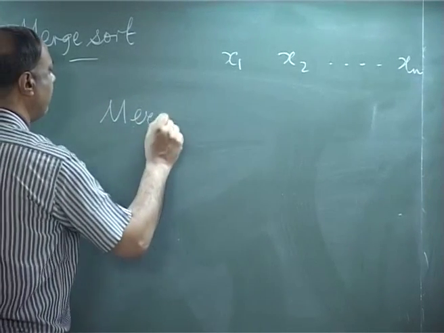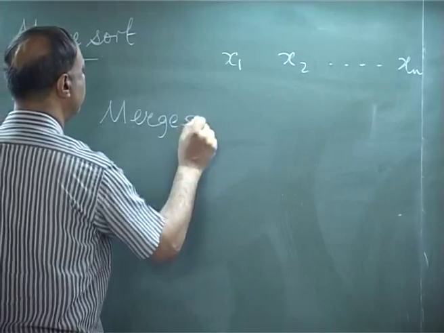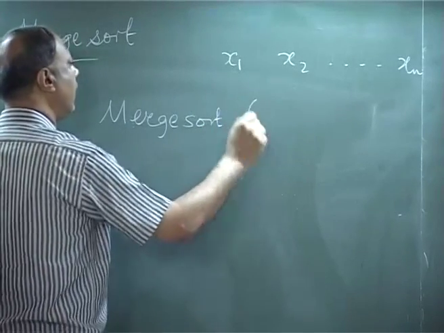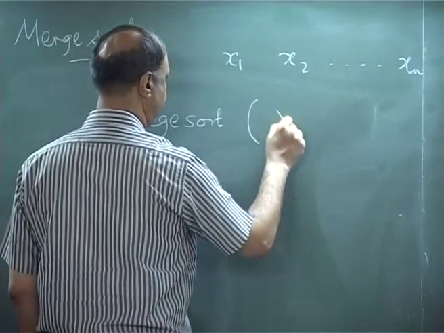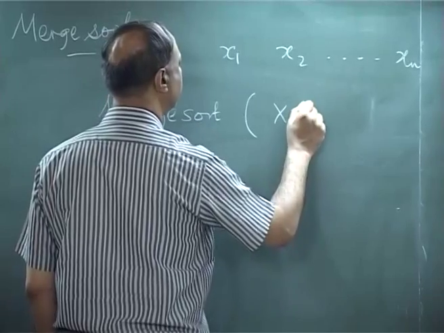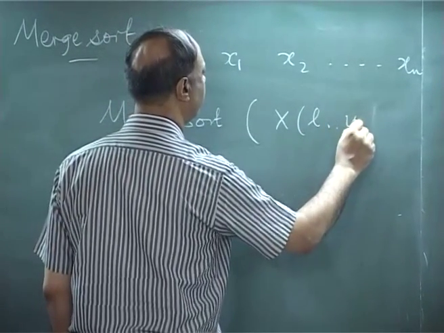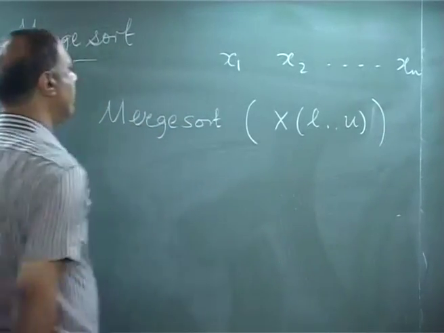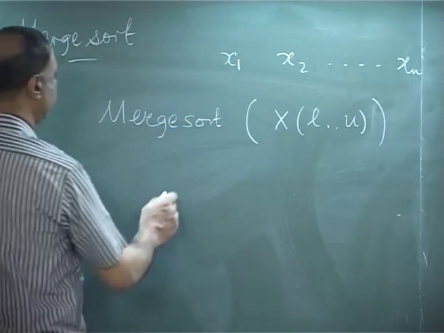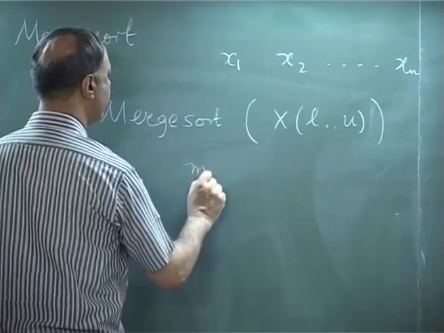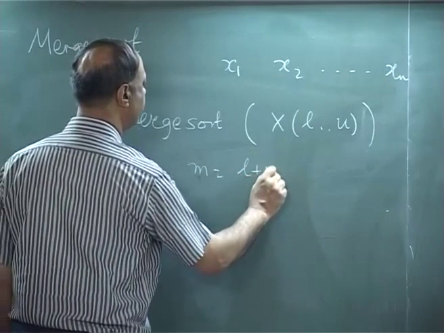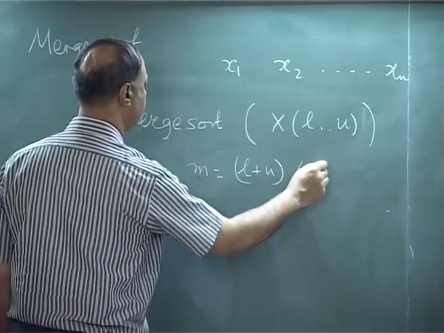See, if I write merge sort, and you have x L dot dot u, then you can write m is equal to L plus u divided by 2.